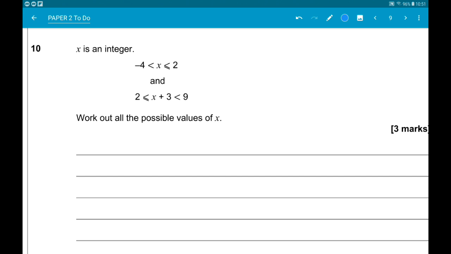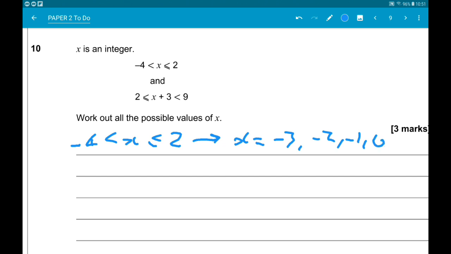Okay, so from the top one, now this tells us x can be minus 3, minus 2, minus 1, 0, and 1 and 2.